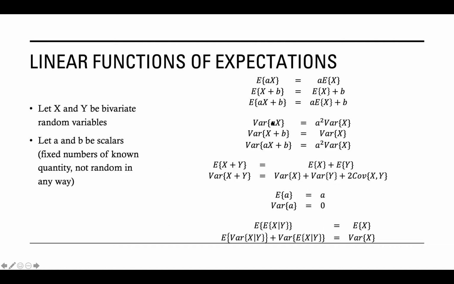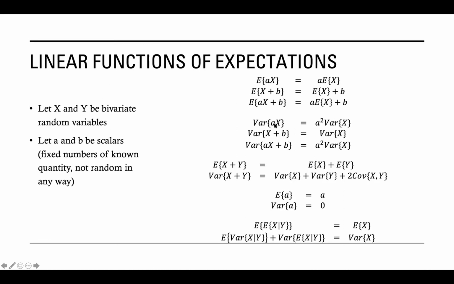The variance of a times x is the variance of x times a squared. When you take a random variable and multiply it by some number, the variance changes by that thing squared. We're going to use this over and over again. Taking a random variable and making a linear transformation translates the mean, sort of moves the mean, and it multiplies the mean by that same value, but it has a squared effect on the variance.